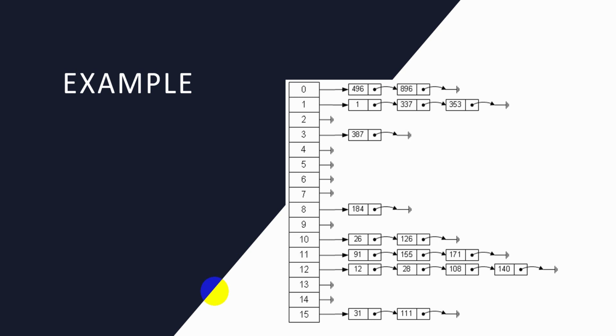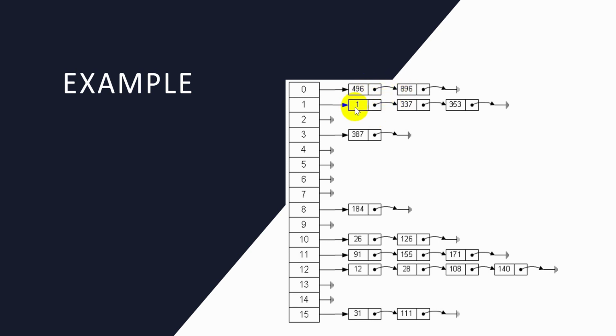So, for example, if we have the data 496, we can connect it to the end of 0 because 496 divided by 16 has a remainder of 0, so we connect it behind 0. Similarly, 896 divided by 16 also has a remainder of 0, so we can just add it to the end of this line.